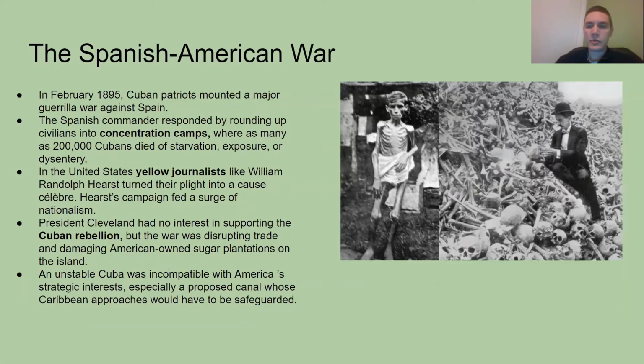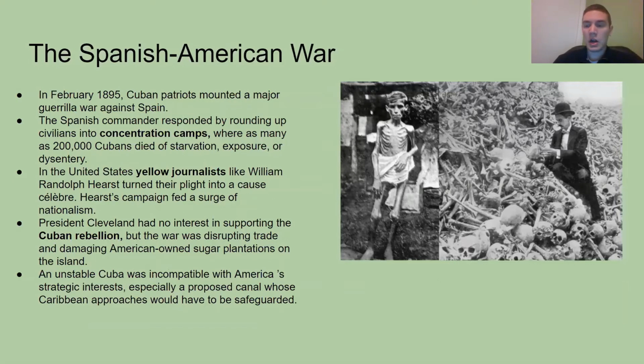Now, leading up to the Spanish-American War, these are some causes of the war. Remember, Cuba is a territory of Spain. They tried to have their own revolution. However, they lost, and many Cuban rebels were put into concentration camps. Here you can see people starving and a pile of dead bodies, and all this made Americans feel bad for the Cubans and dislike the Spanish.